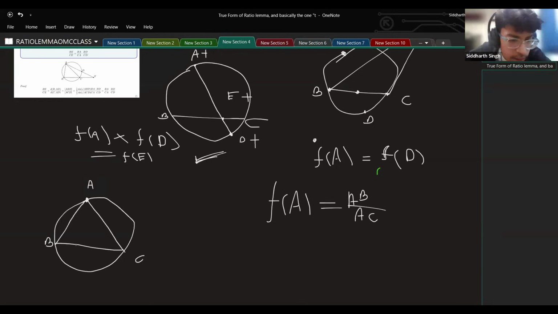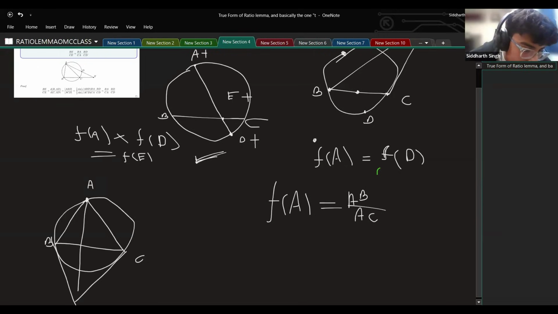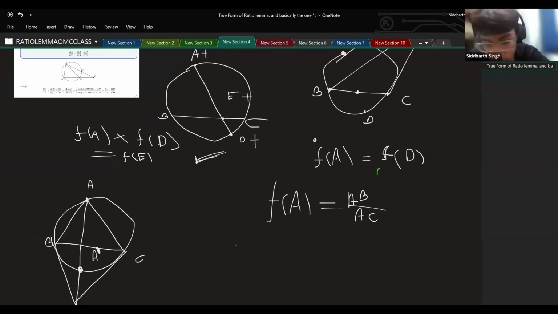Consider the intersection of these two tangents and draw this. Call this point A dash. Then what do we know about f of A dash? What is A dash? Anyone?